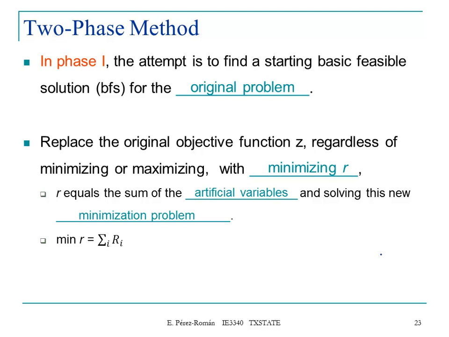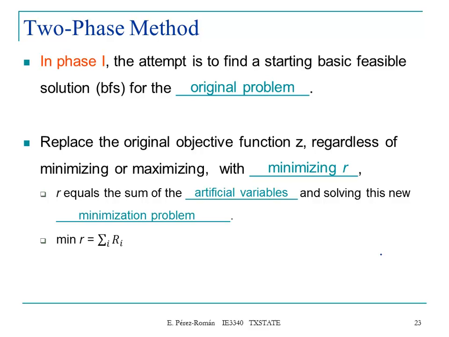So if we have only one, there's no summation, it's just the single artificial variable. But if we have two artificial variables, then we need to add them, and we're going to minimize the summation of the two. And that's what we're going to do in the example. So instead of using the original objective function, we're going to discard it in our first phase, and substitute it with the summation of the artificial variables.